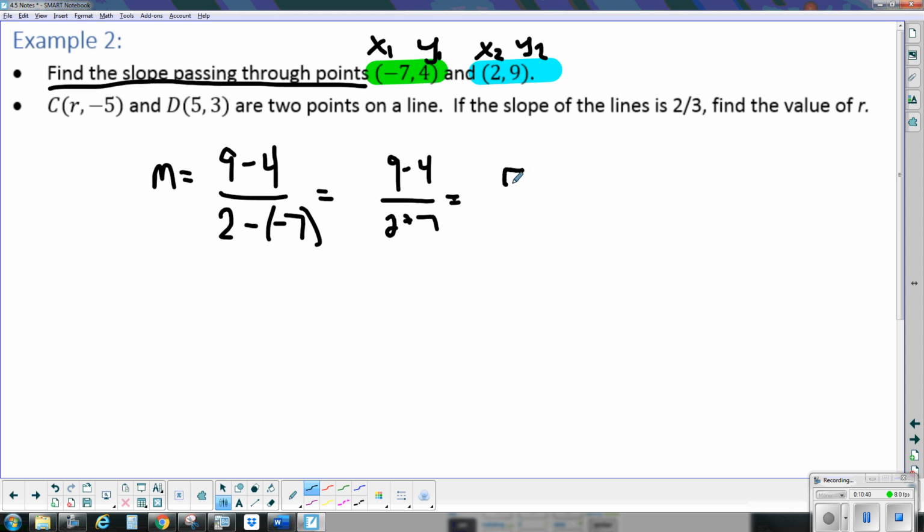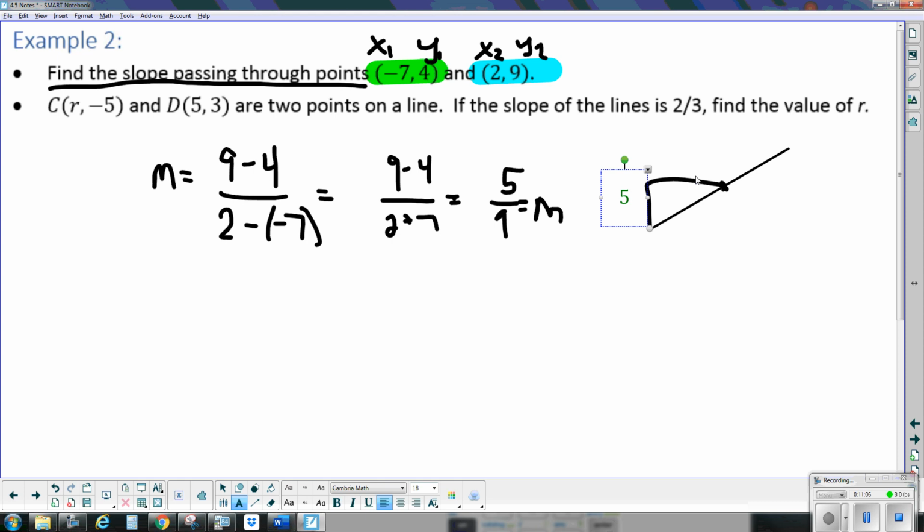When I simplify, I get 5 over 9, and that's equal to my slope. So I know that this is a line that goes up from left to right. It goes up 5 units, and to the right 9 units. So between the 2 points, the rise is 5 and the run is 9.